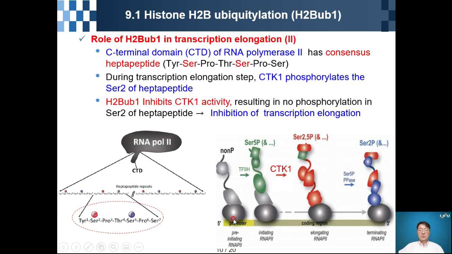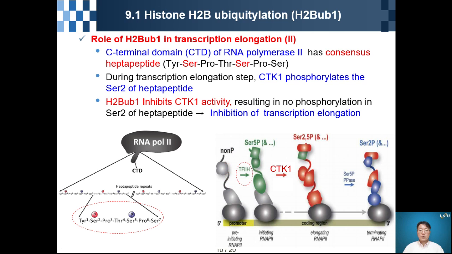So this is the pre-initiation complex. RNA polymerase 2 is bound to the promoter region. At that time, RNA polymerase 2 has no activity.